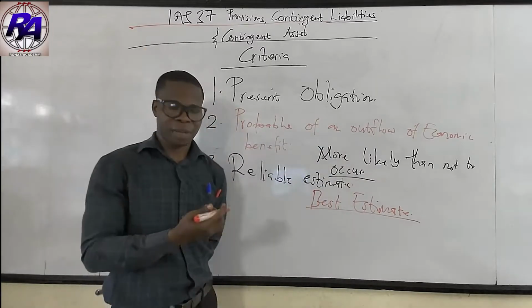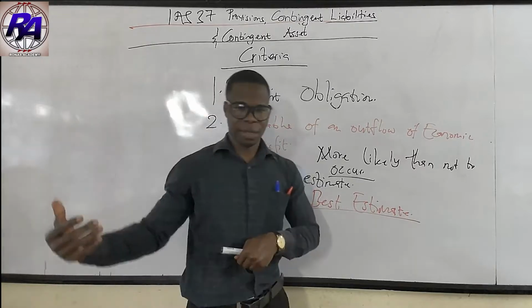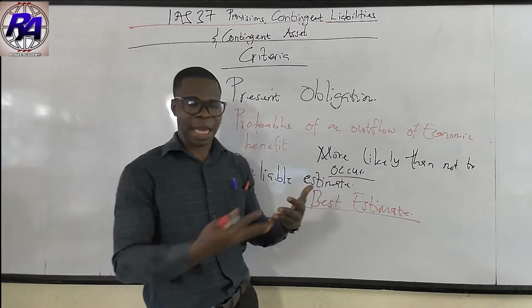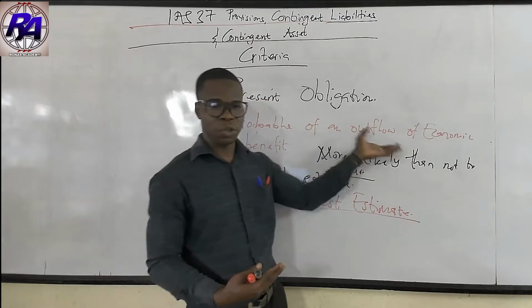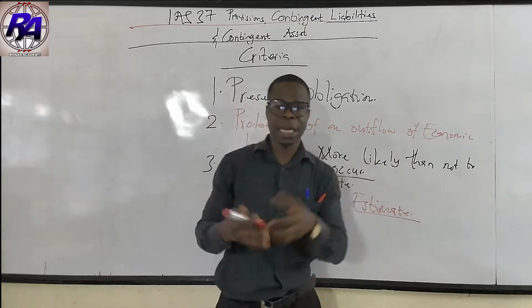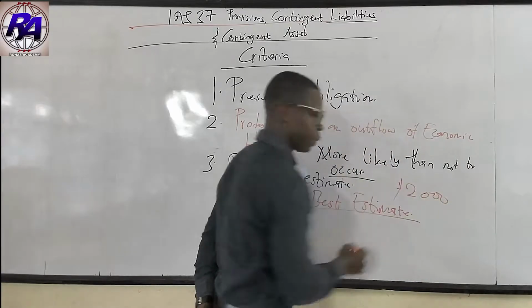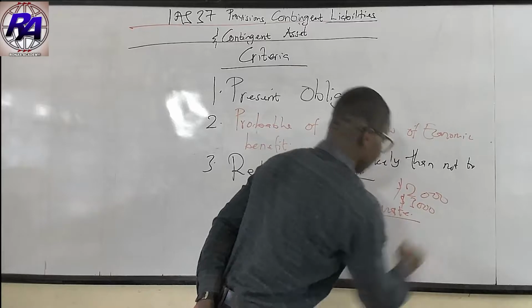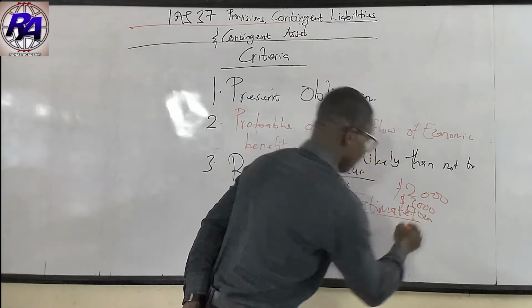What it means is that sometimes you'll be presented with a question with different figures. Assuming that there is a lawsuit against a particular company, and if they settle the lawsuit within this time frame, this is the amount that they are going to incur, maybe $2,000. And then maybe in the next period it's going to be $3,000, and in the next period $4,000.